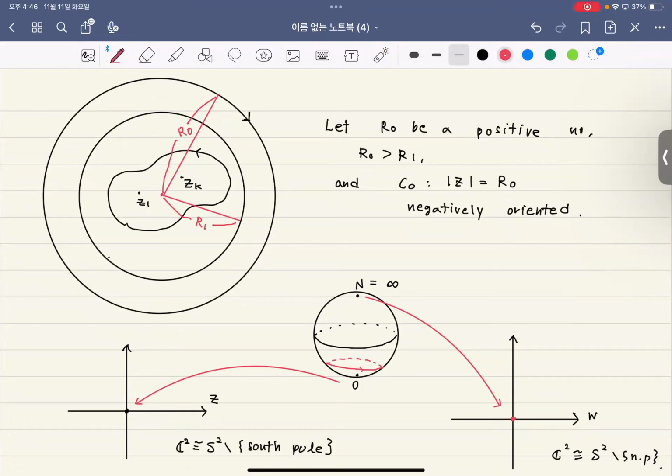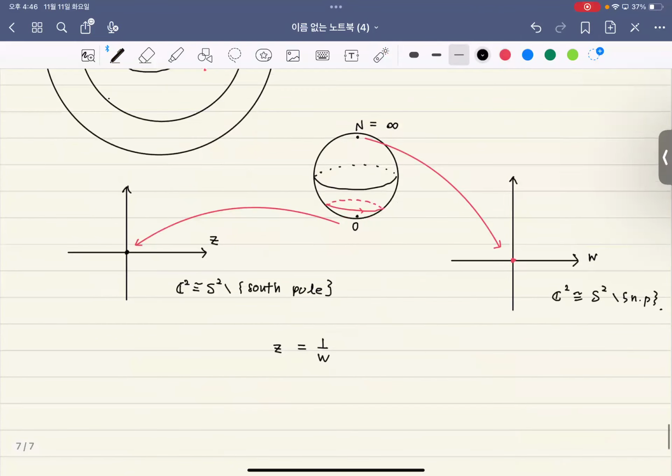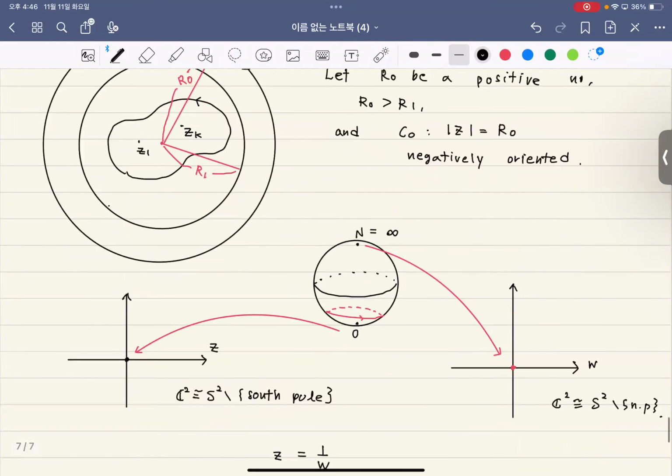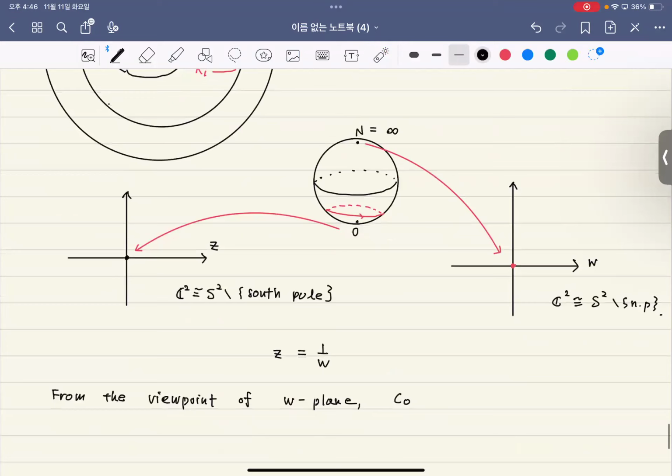So from the viewpoint of the w plane, the curve C0 is positively oriented.